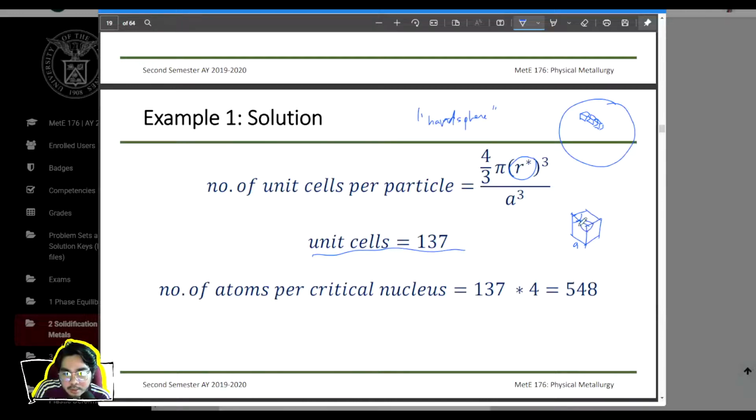Itong mga kunwari BCC, FCC siya, kunwari ganyan. So ina-assume natin na ito lahat hard sphere siya, no. So parang mga marble. So, if you have the number of unit cells per particle, pwede mo na siya i-multiply by the number of atoms per unit cell. So, for, ano ba to?